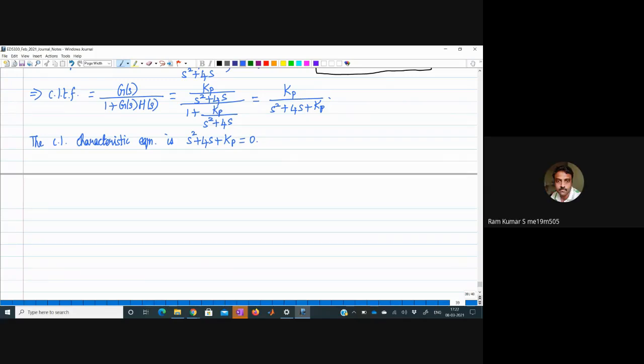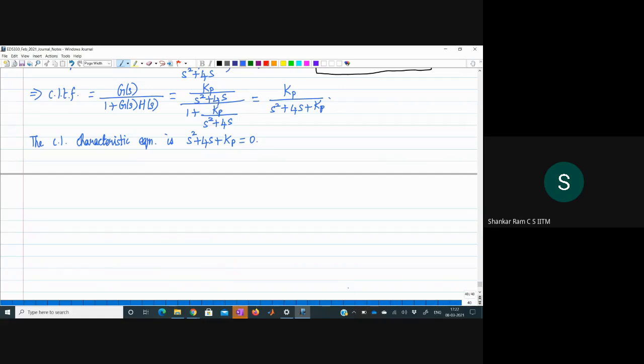When Kp is positive. Please note that this is a second order polynomial. As we discussed, the necessary and sufficient condition for this polynomial to be Hurwitz is that all the coefficients of the polynomial must be non-zero and of the same sign.